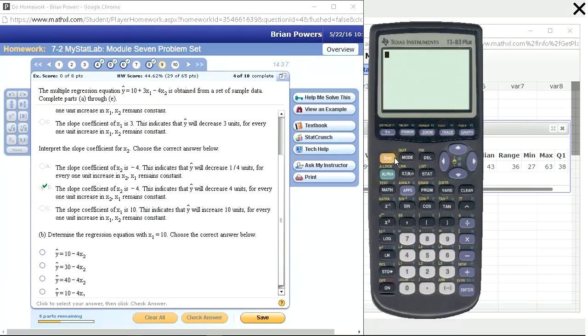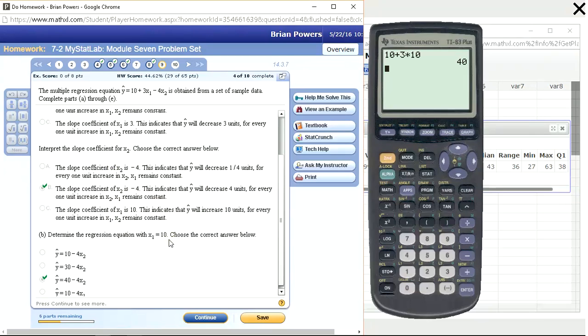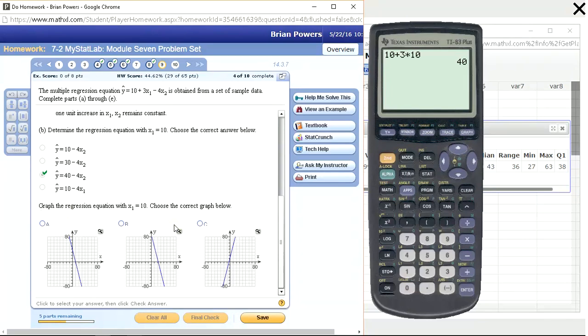Okay, so we want to check if x1 is 10, so we'd have 10 plus 3 times 10, which is 40, so it would be 40 minus 4x2. And let's see, what do we have next? What would that look like?